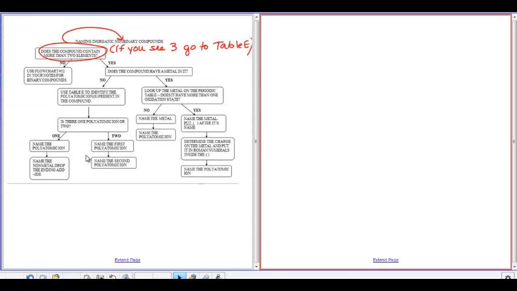Okay. So let's say the first compound I have is this, okay? As you can see, there are 3 capital letters in this. So we are going to go to table E first and identify your polyatomic.